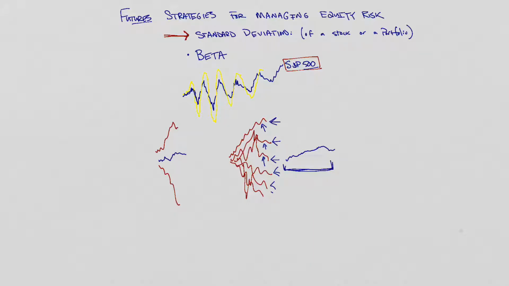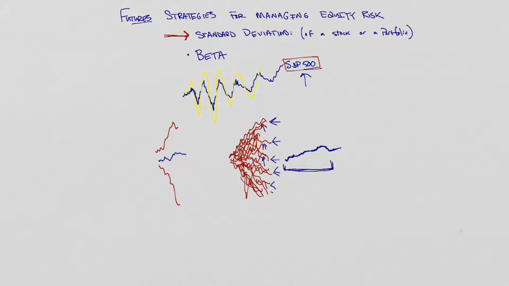But the reason why we look at beta as a measure of risk and not standard deviation is that even if I pursue this strategy of adding more and more securities into this portfolio, there comes a point where adding additional securities doesn't really do much to reduce that portfolio level volatility. There's a diminishing return to diversification, and there's still going to be some residual volatility that's left over.